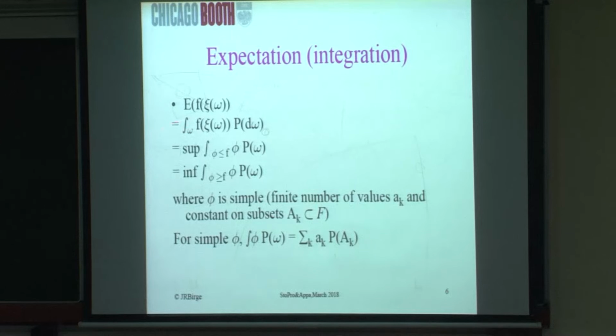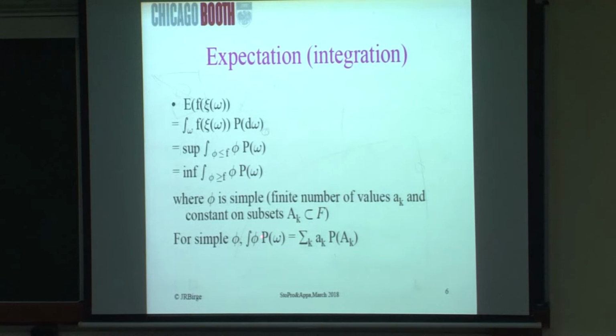So if I use the basic definition of the integral, it's the supremum over all the simple functions that are less than or equal to this function. And what's the value of a simple function?